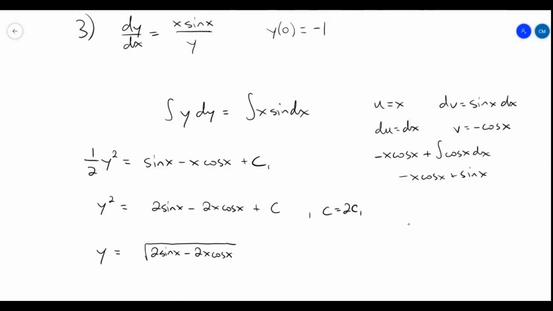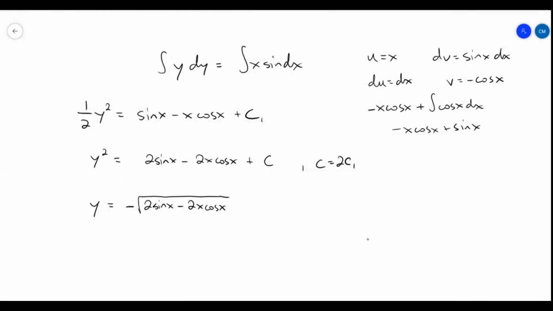They tell us this. Now, if you look at that output there, how can we possibly get a -1 output by having a square root? Well, the only way that we can is by choosing, at this point, the negative root, right? You see what I'm saying there? We have to choose the negative root because of this initial condition here. All right, so the initial condition sort of told us which of the two roots we needed to choose.